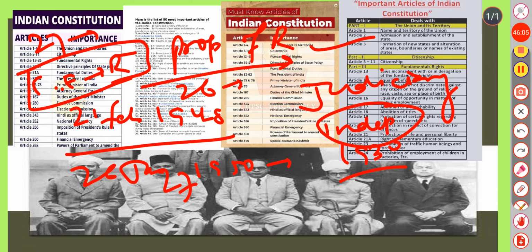And now, removal of right to property, Article 19 clause 1(f) and Article 31. So these are the important things.